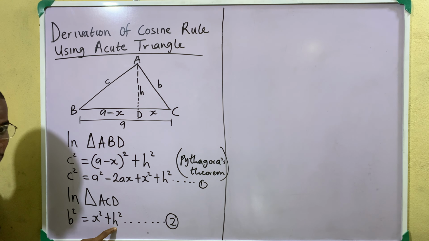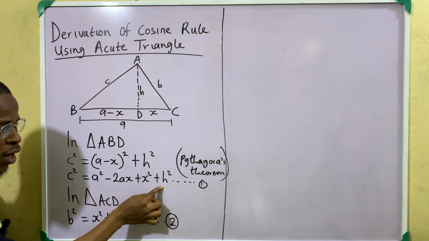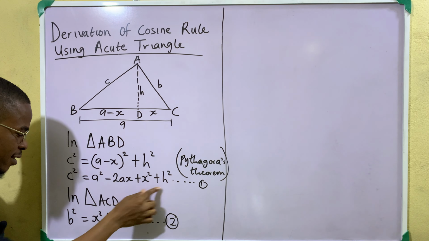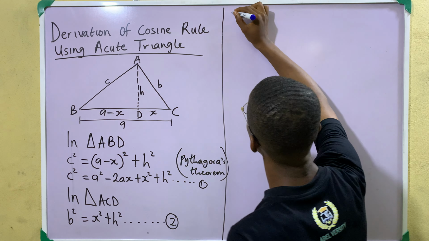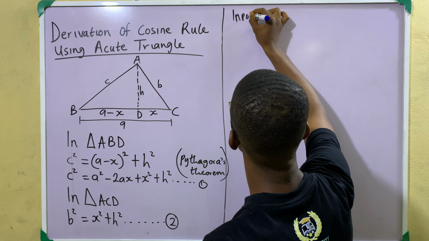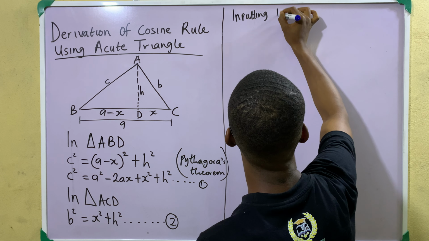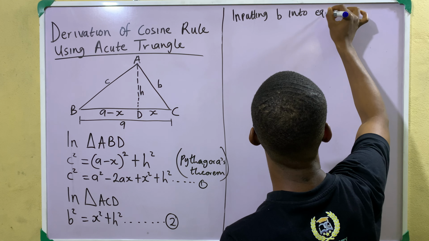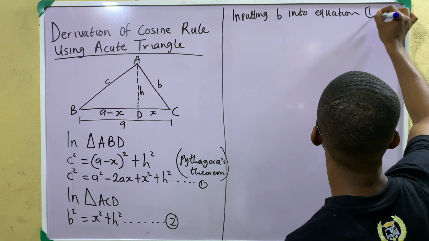Now observe this. X square plus H square is equal to b square, and here in equation 1 we have X square plus H square. That means we can use b square to replace it, so we can now write, imputing b square into equation 1.